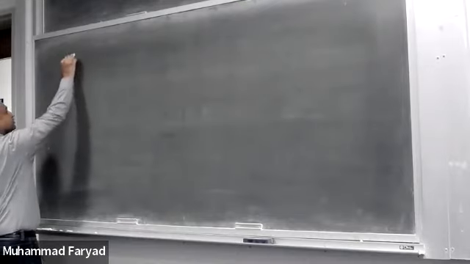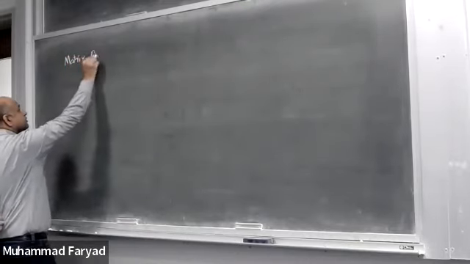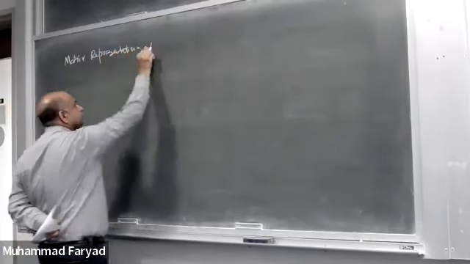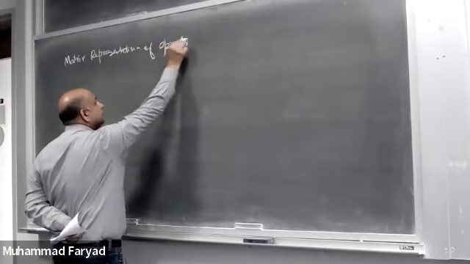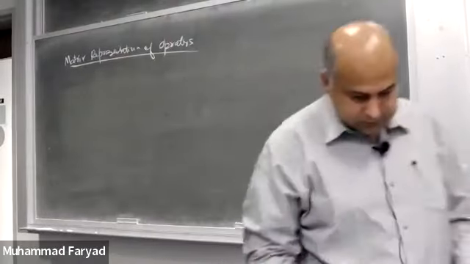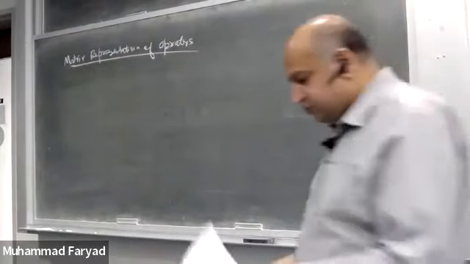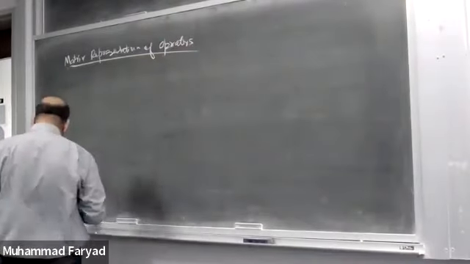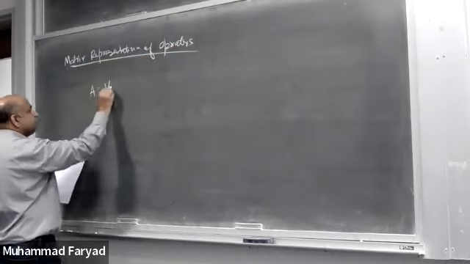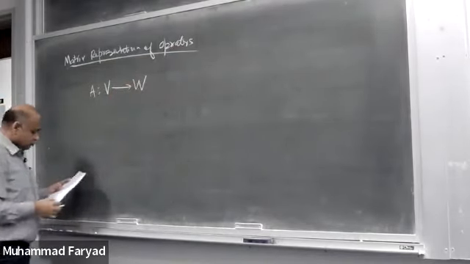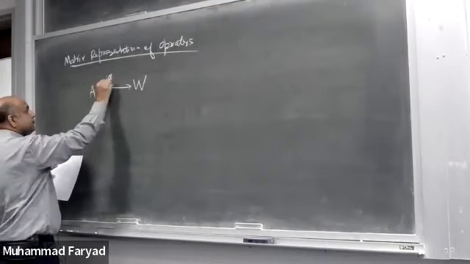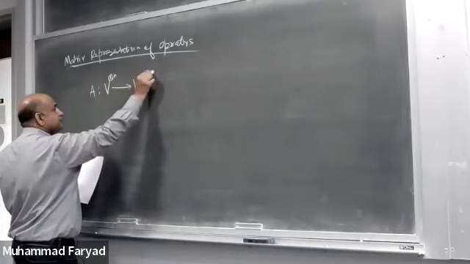So, matrix representation of operators. Okay, suppose we have an operator A which acts on a vector space V and takes us to a vector space W. And suppose that this vector space is n dimensional and this vector space is m dimensional.